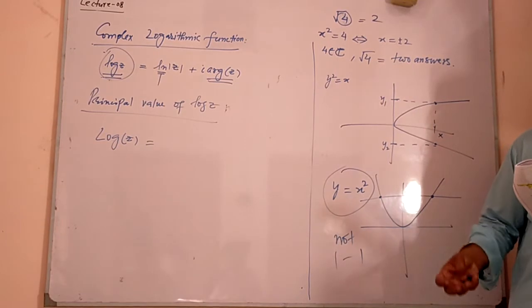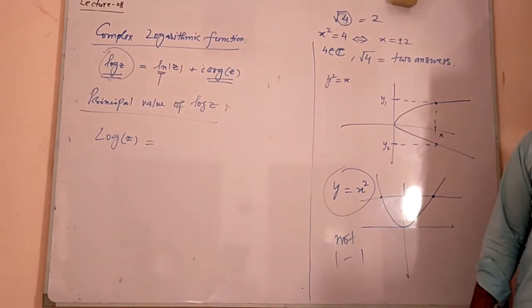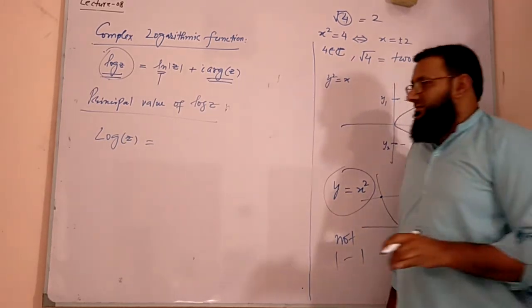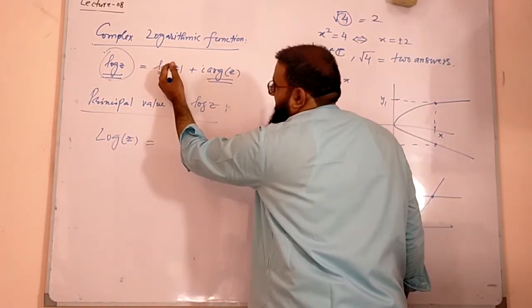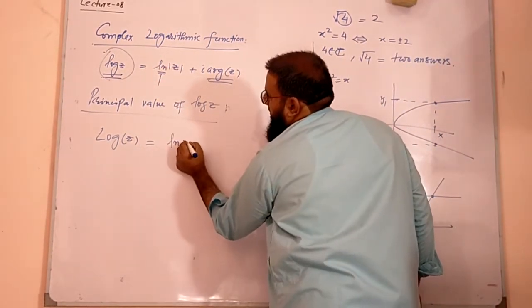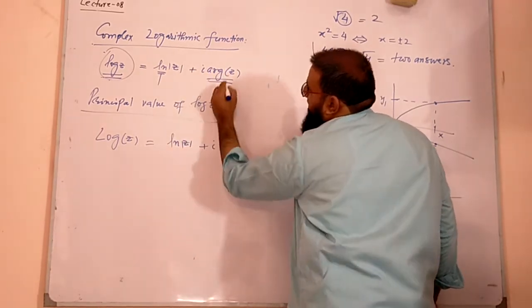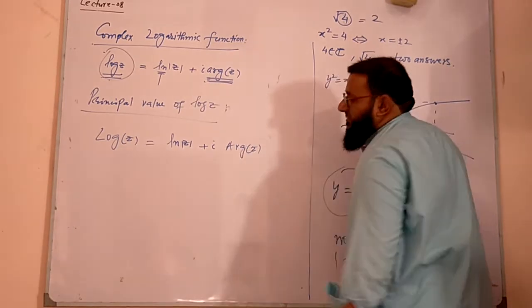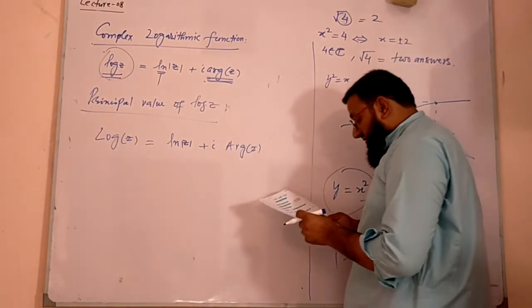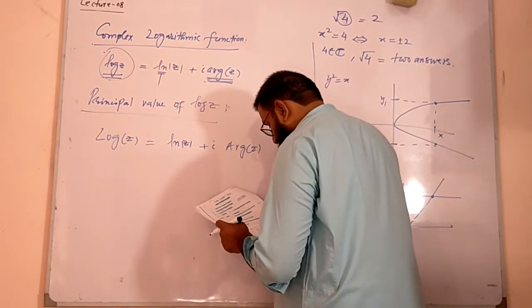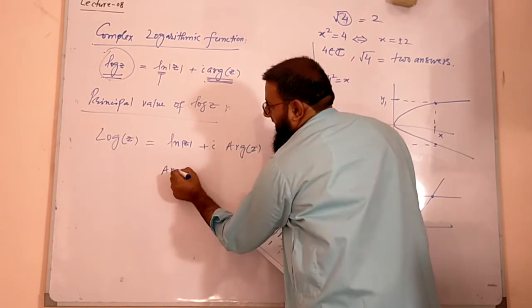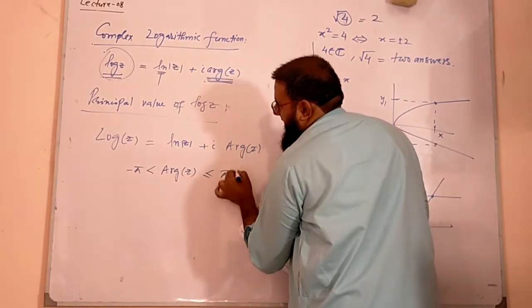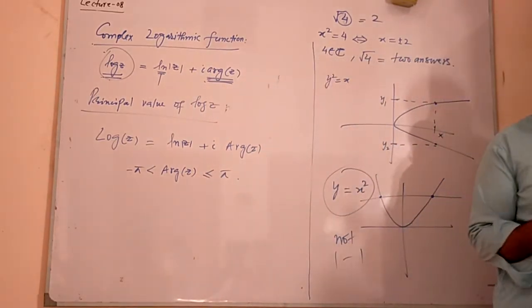The generalized value is small l, and the principal value of log z is denoted by capital L. So it is the same as this: because it's a real number, log of modulus z plus i times, now this argument becomes this principal argument. And you know very well that the principal argument lies between minus pi and plus pi. So that's the difference.